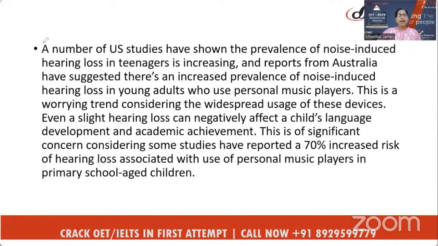The first sentence of a paragraph will give you some clue about the overall idea of the paragraph. A number of US studies have shown the prevalence of noise-induced hearing loss in teenagers is increasing. That is important information. And reports from Australia have suggested there is an increased prevalence of noise-induced hearing loss.